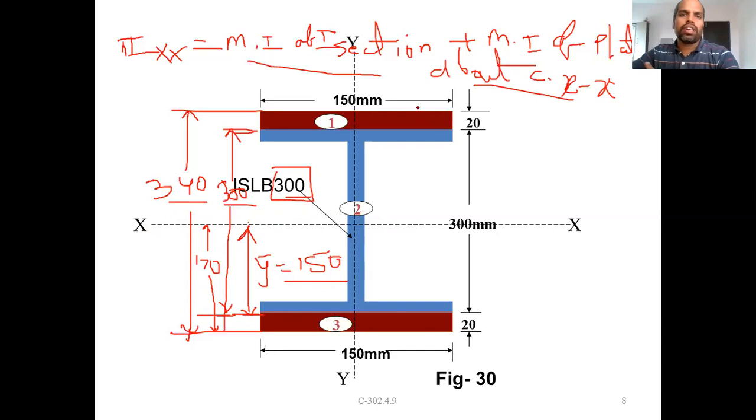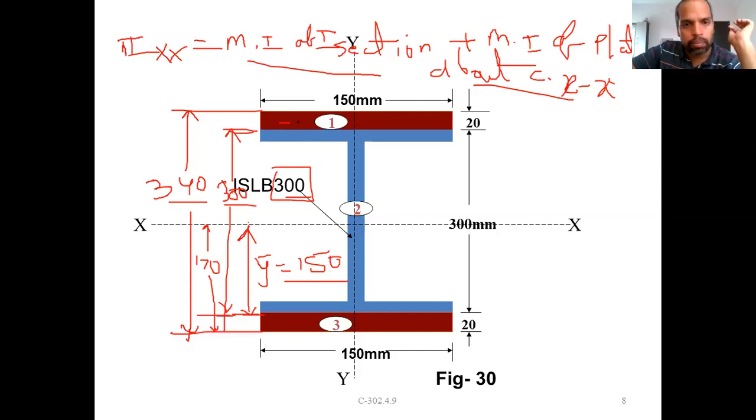That's why, in the moment of inertia calculation, IXX, you can directly use the moment of inertia of the I section without the parallel axis theorem. No requirement to apply the parallel axis theorem.